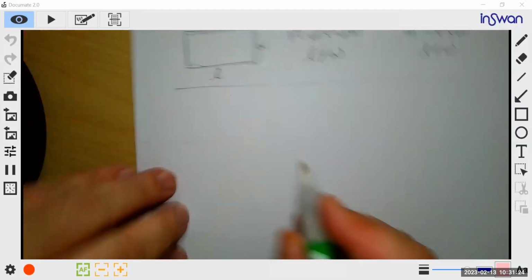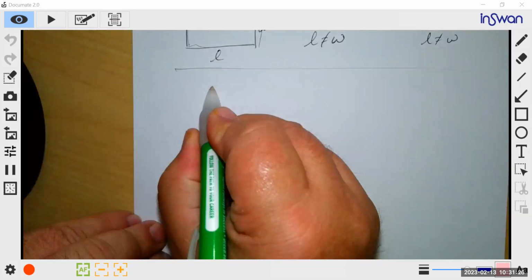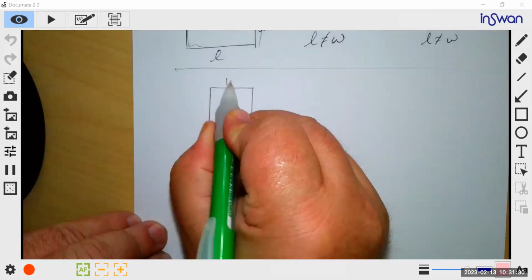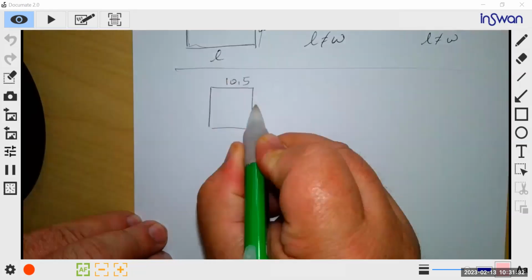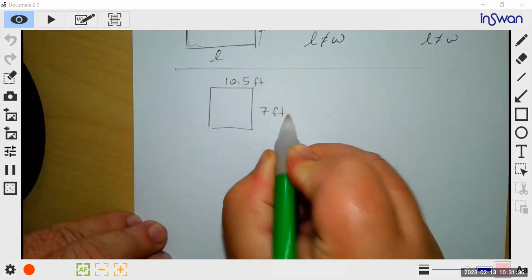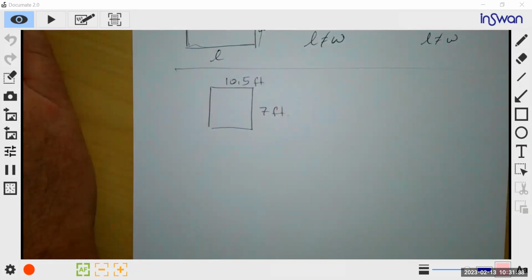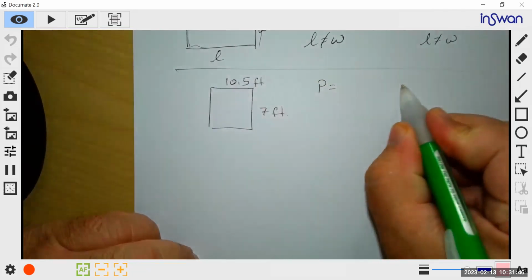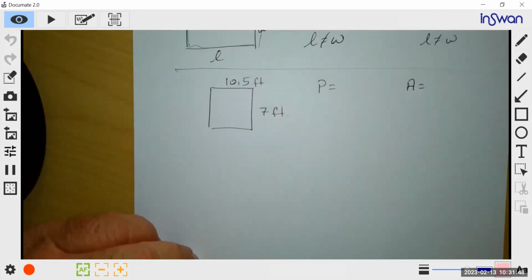Okay, we have an object. What's the perimeter and what's the area of this object?